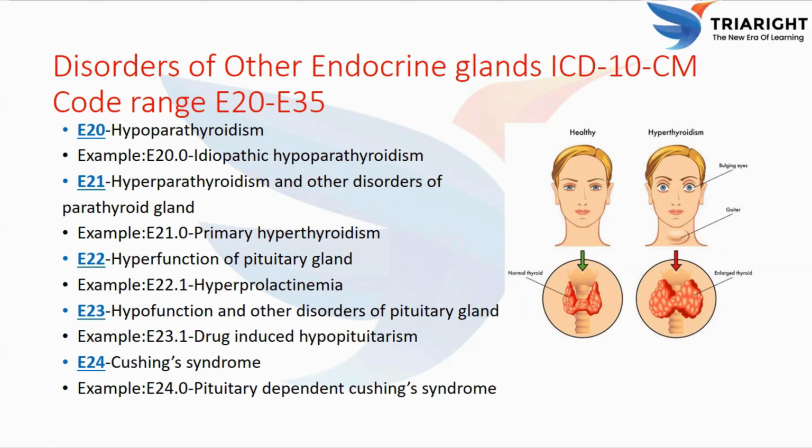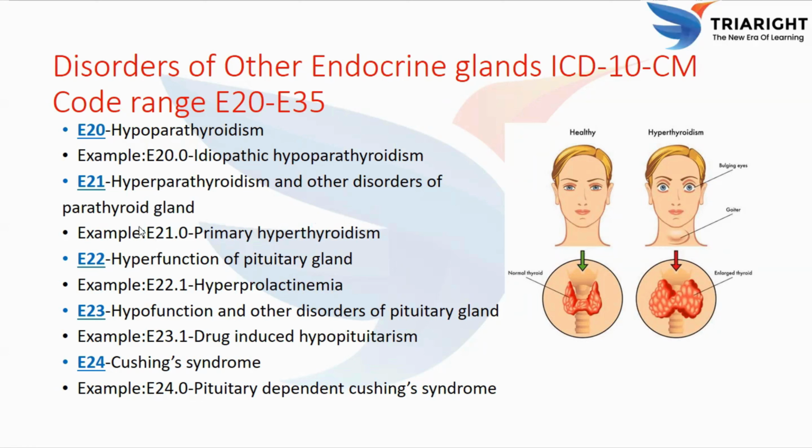Next, coming to the E21 code. E21 specifies hyperparathyroidism and other disorders of the parathyroid gland. What do you mean by hyper? Overactivity. Hypo means low activity, hyper means overactivity. So overactivity of the parathyroid glands refers to hyperparathyroidism. When excessive parathyroid hormone is released in the body, high calcium levels in the blood will be produced.